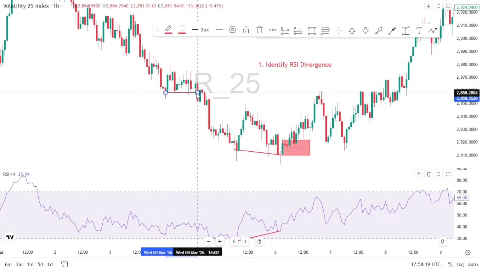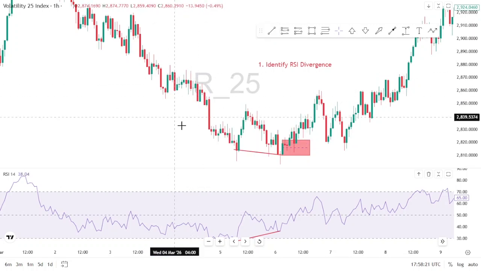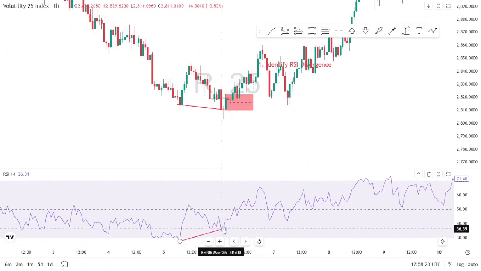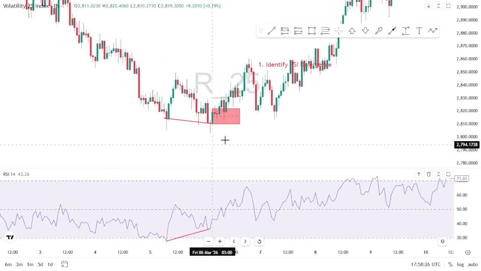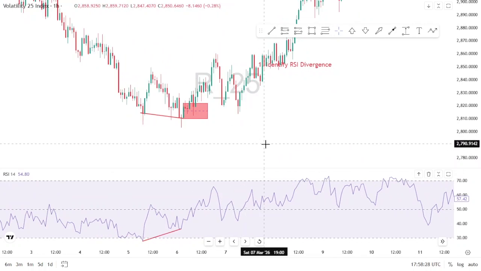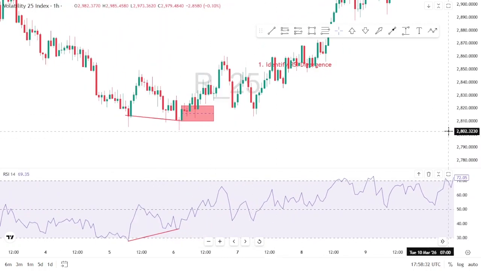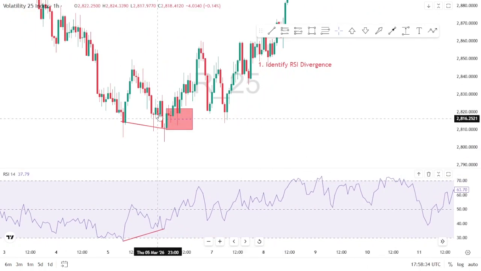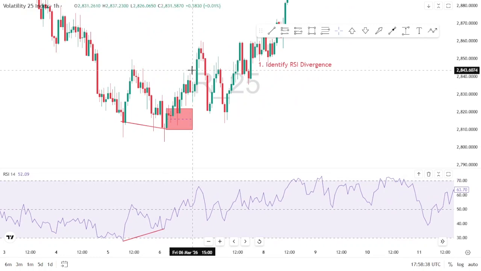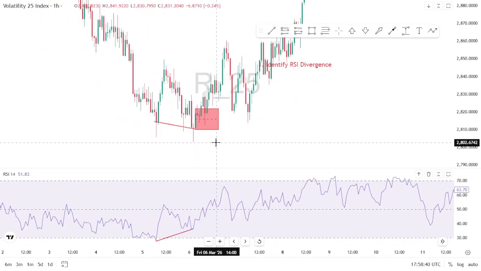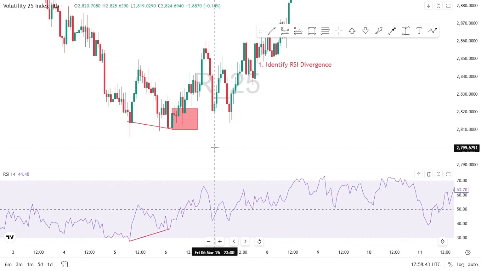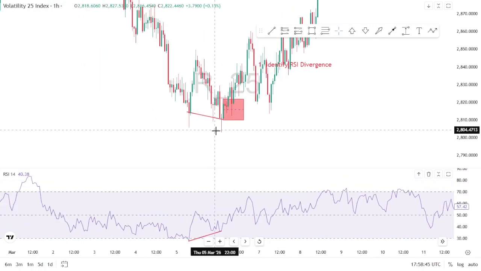So the best thing to do is to get the engulfing candles that give us the divergence on the RSI. What I mean by that is whenever you have a bullish engulfing candle, it could mean you have a short-term reversal but not a long-term reversal. What we are trying to catch is a long-term reversal that gives us a higher risk to reward ratio and a high win rate.